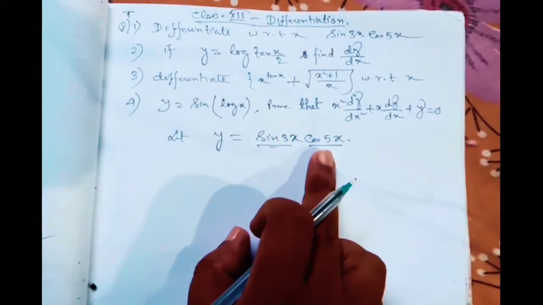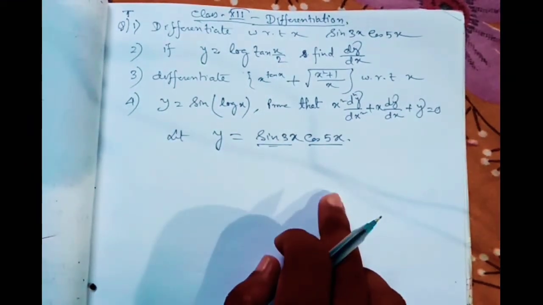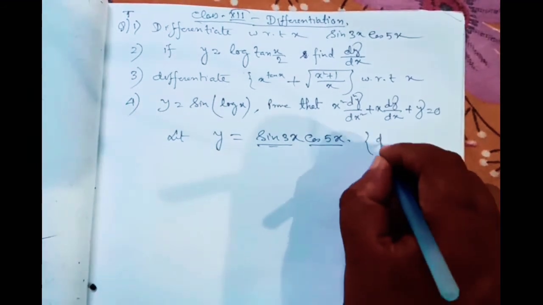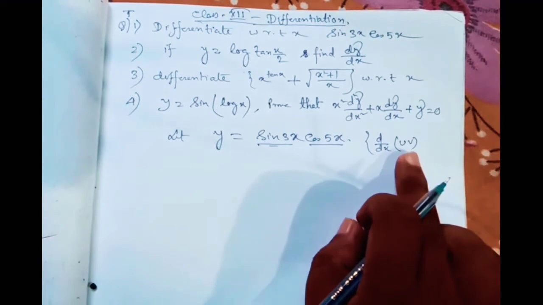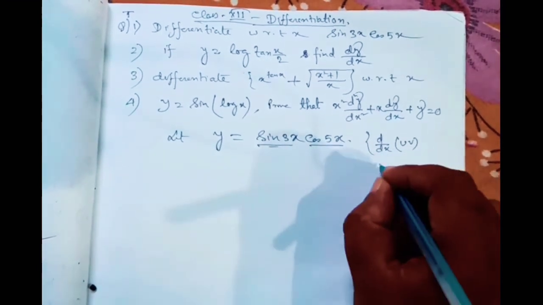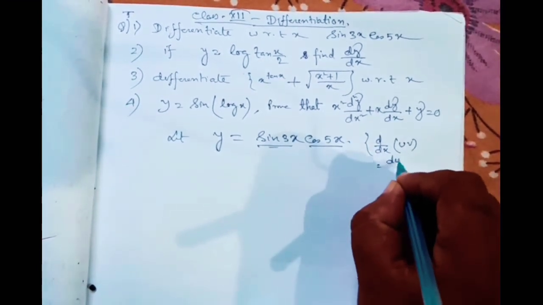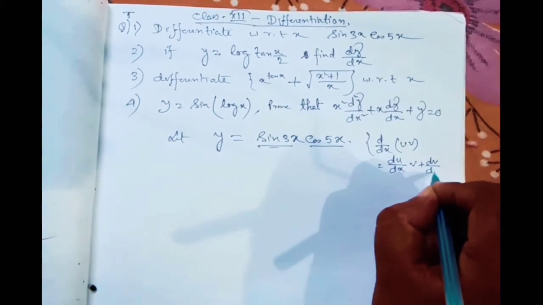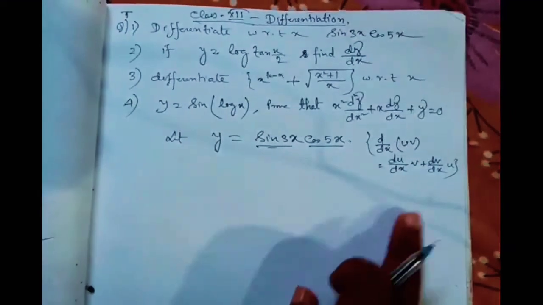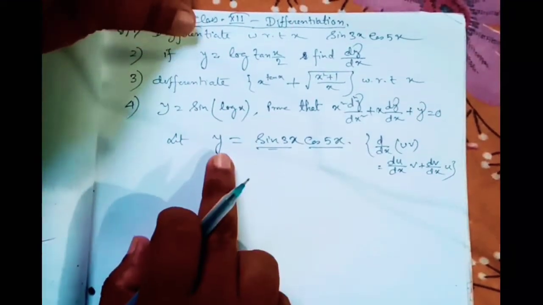Since they are both functions of x, we should apply the d/dx of uv method, where both are functions of x. What is the formula? d/dx of uv is du/dx into v plus dv/dx into u. This is the formula we should apply from here further.